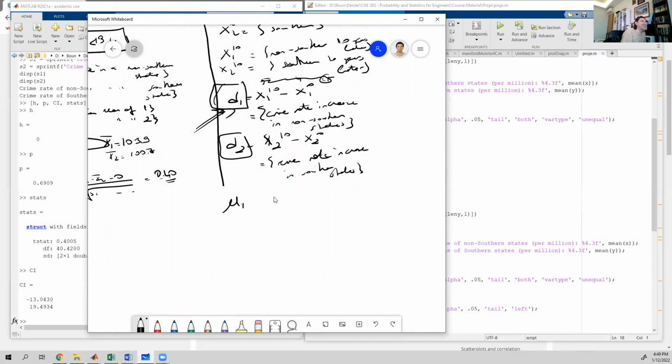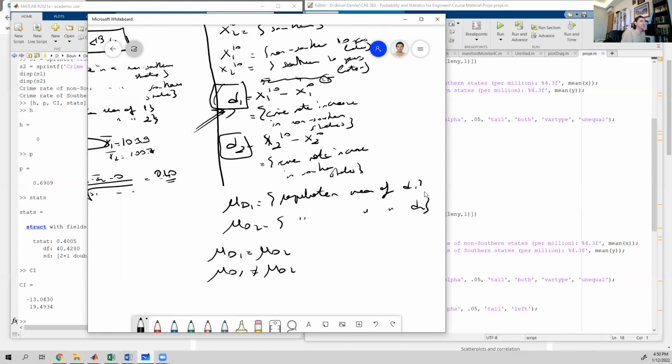Mu d1 is the population mean of d1, and mu d2 is the population mean of d2. So here now the question is whether mu d1 is equal to mu d2 or mu d1 is not equal to mu d2. So that's an interesting statistic.